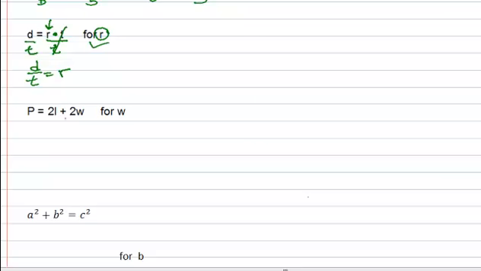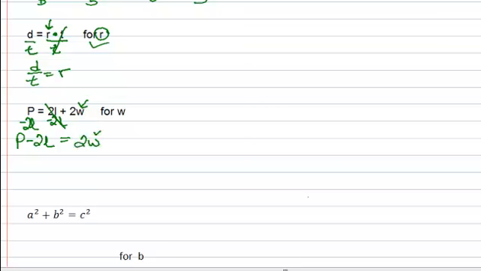Now, the next one is similar to one that we've already done. We've seen this many, many times. We want to get w alone. So we get rid of any terms that don't have w in them. So we're going to subtract 2l from both sides. So perimeter minus 2l is equal to, and of course that's gone because that's 0, 2w.